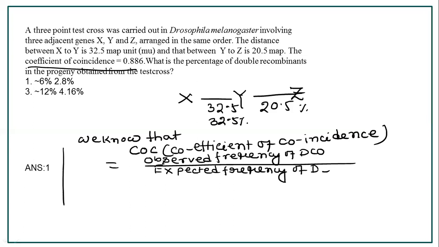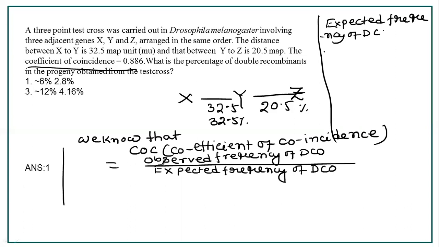Now, observed frequency is whatever is given in the question paper. We have to calculate the expected frequency. So expected frequency of DCO equal to the frequency of single crossover 1 into single crossover 2.